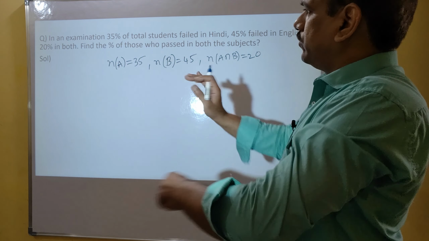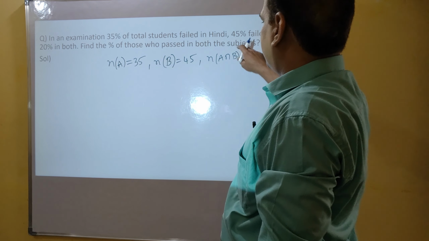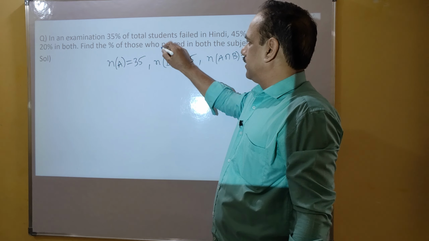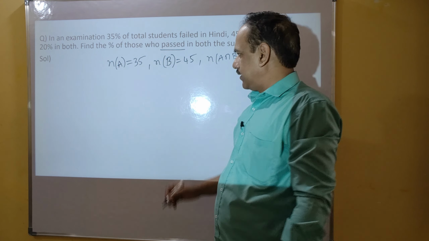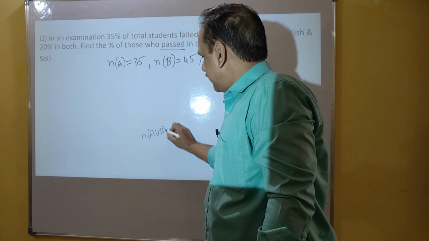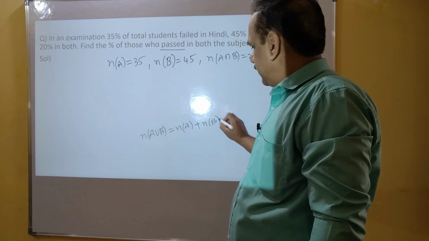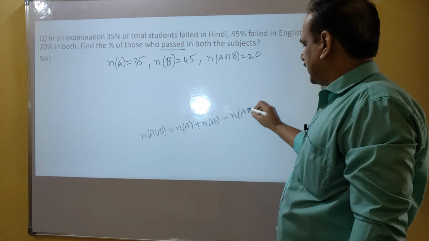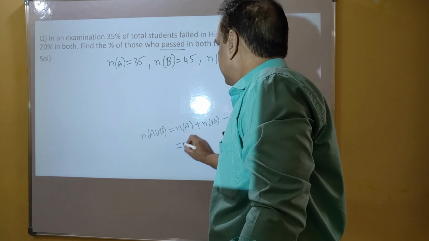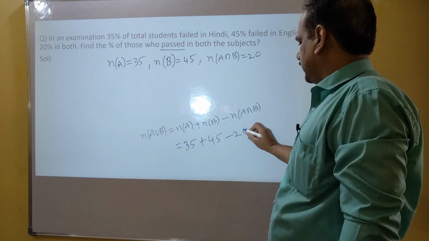So this is all failures only. Find the percentage of those who passed in both the subjects. But your question is passing percentage, right? So what is the formula? N of A union B is N of A plus N of B minus N of A intersection B. It is 35 plus 45 minus 20.